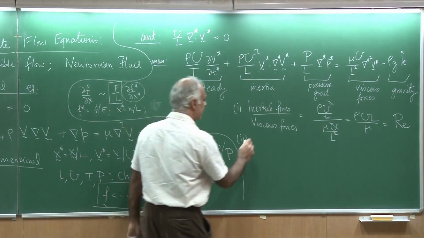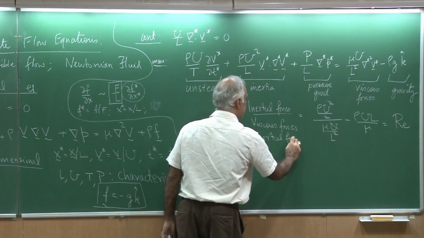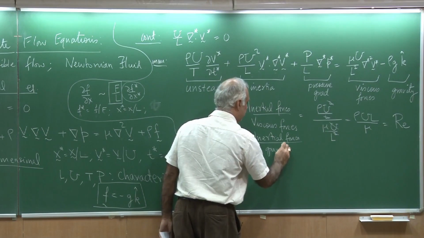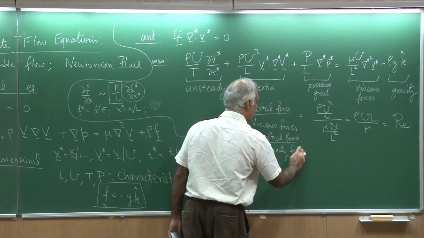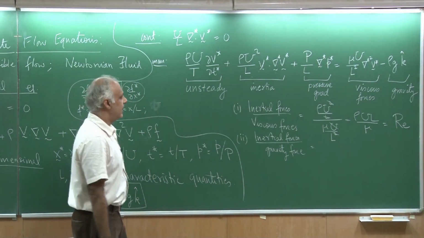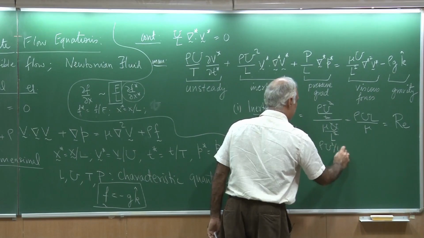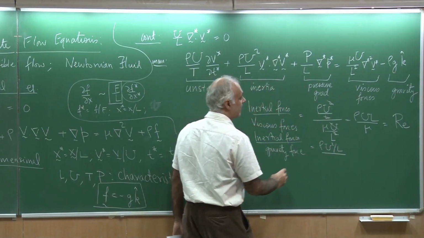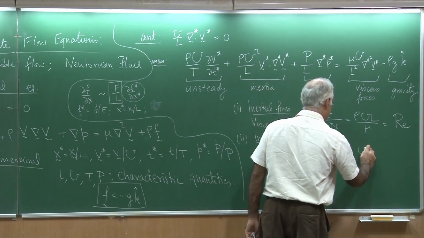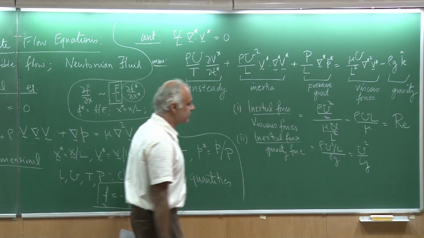Let's say, what is the ratio of inertial forces to the force due to gravity? I am simply calling it the gravity force. And then again I could do this arithmetic and say rho u square by L divided by the gravity, which is rho g, and therefore this would become u square by Lg.